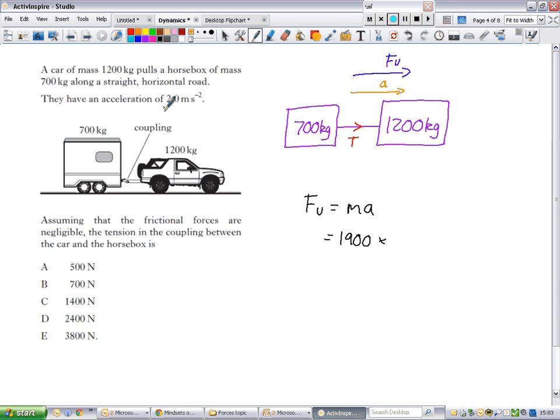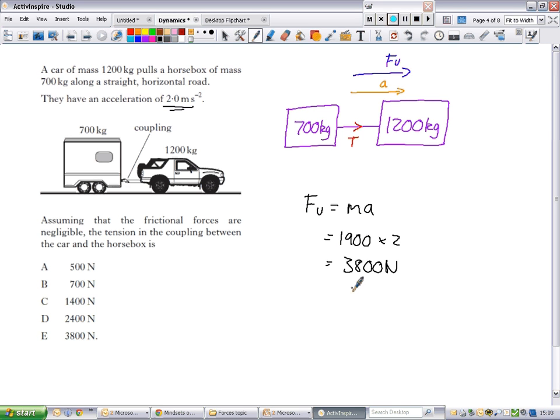The acceleration is given here as 2 meters per second squared. That will give you 3,800. 3,800 newtons is your unbalanced force in the forwards direction. That's the force that's causing those two objects to accelerate, and it's what you use to ultimately figure out the tension.